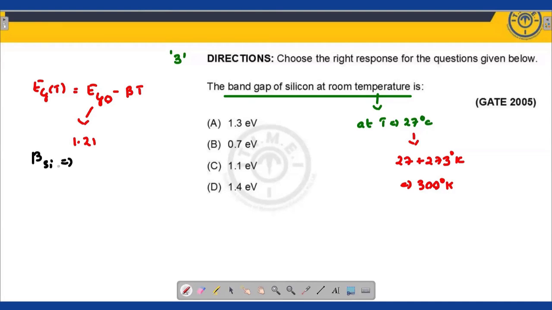For silicon, it is 3.6 into 10 power minus 4, and for germanium, it is 2.23 into 10 power minus 4. But he is asking for silicon.